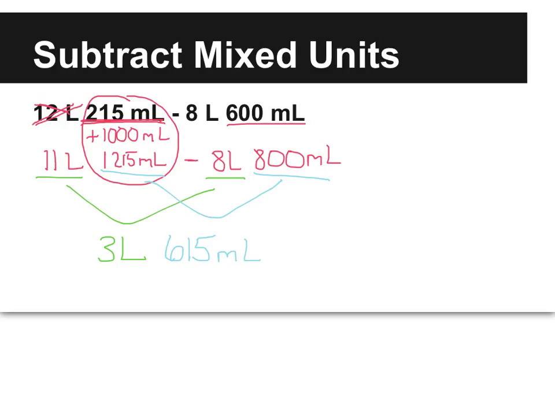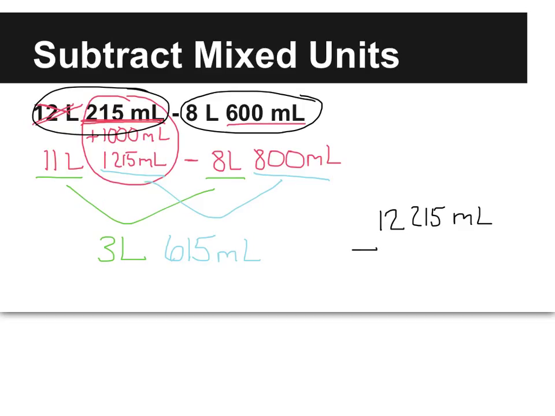Of course, to check my work, or another strategy, I could have converted them both to milliliters. So I could have done 12,215 milliliters for this, minus, instead of 8 liters, 600 milliliters, I could have done 8,600.